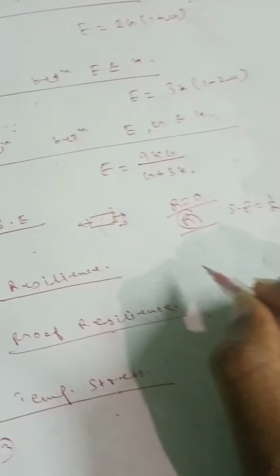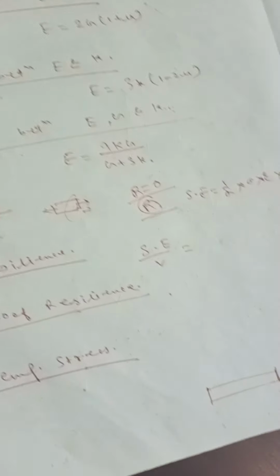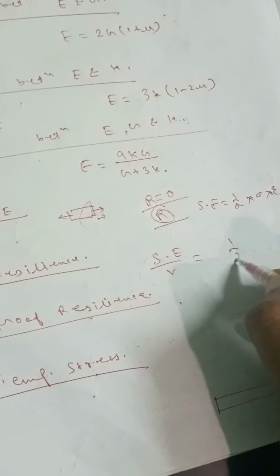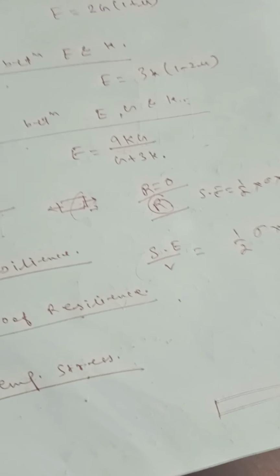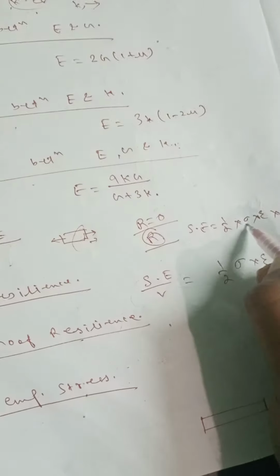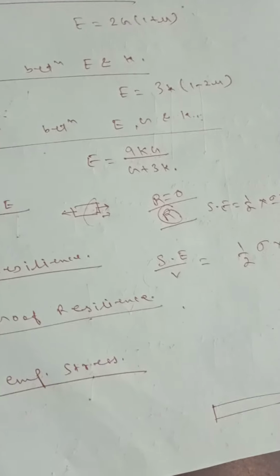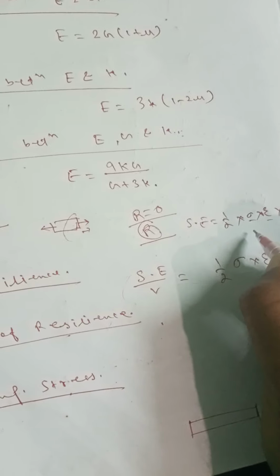Resilience is nothing but strain energy per unit volume. So if you divide the strain energy by volume, it will be half into stress into strain. And by putting in the stress and strain values, you will get another formula.